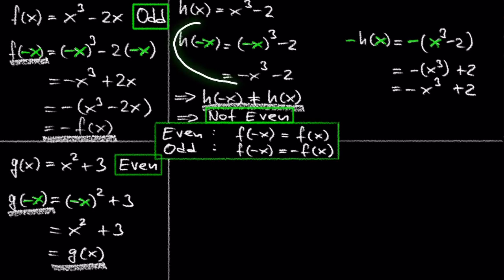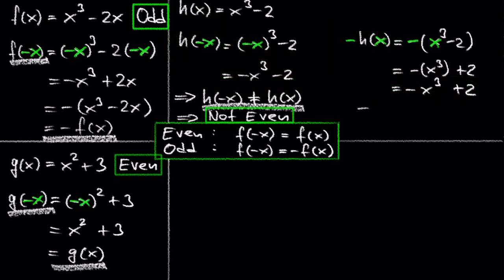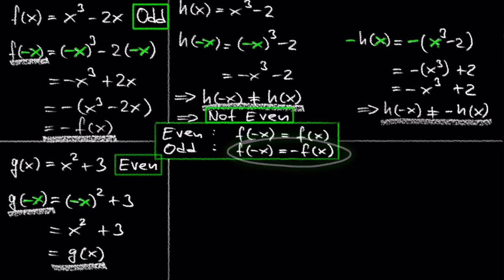We see that h of negative x is not equal to the negative of h of x. So this function is not odd either. So this function is neither even nor odd.